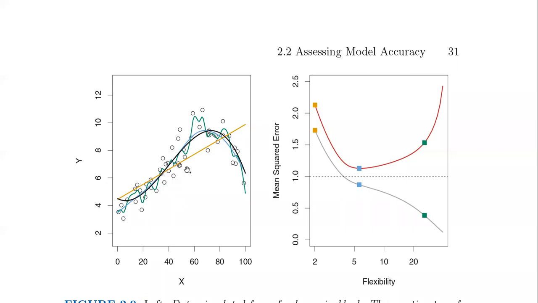So the lower the variance, the closer, I think that's the best word, the closer to the black curve these generated data points would end up. The higher the variance, on average, the further the data will be from the black curve. Okay.